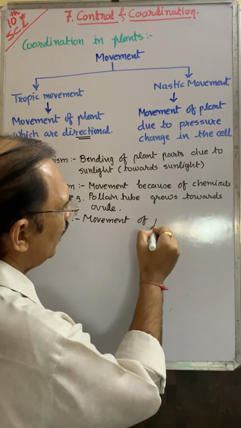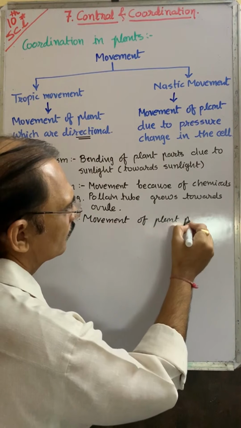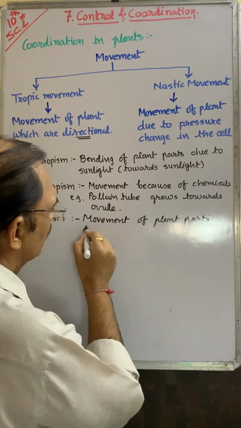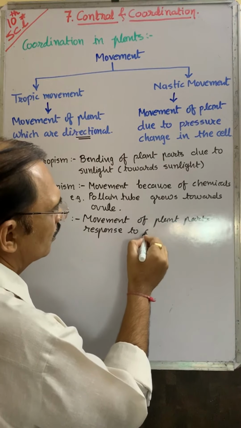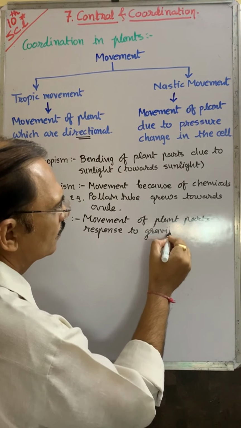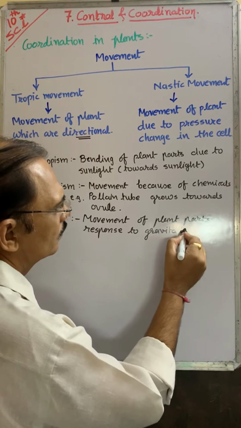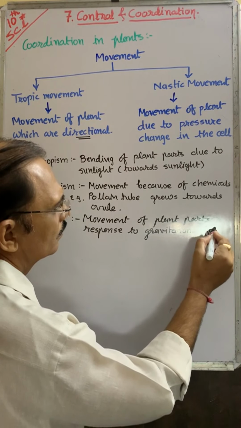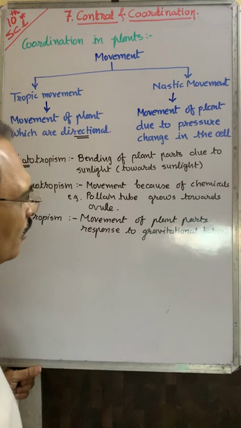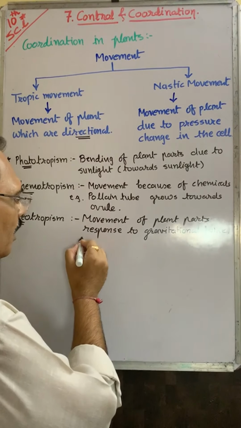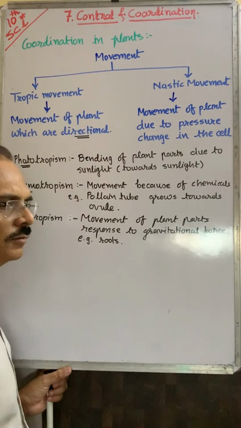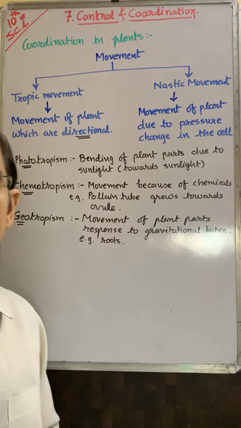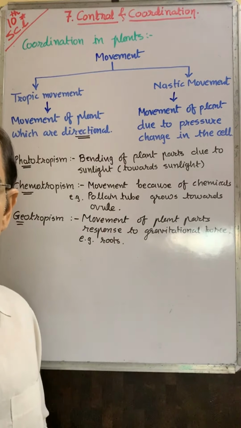Movement of any plant part in response to gravitational force is called geotropism. As for example, roots. Roots perform geotropism; they always move towards the earth.